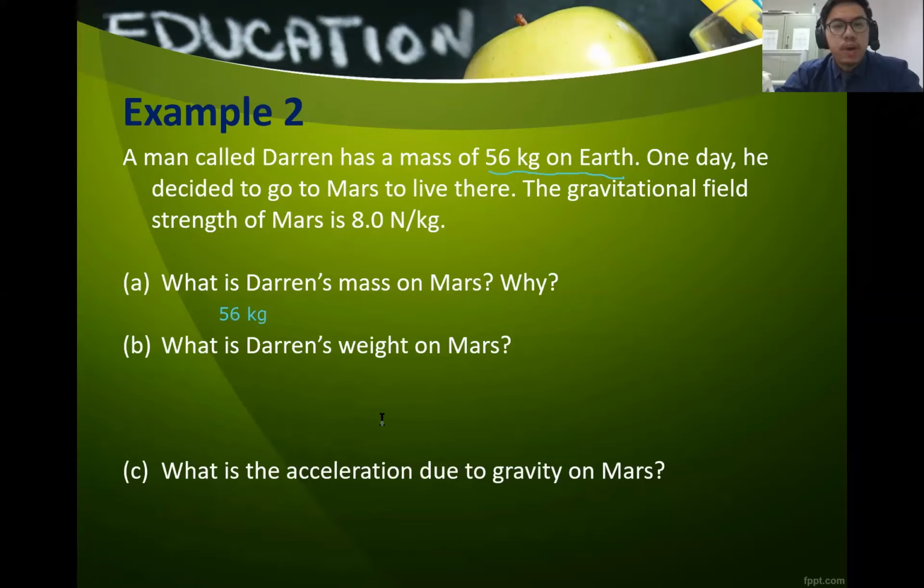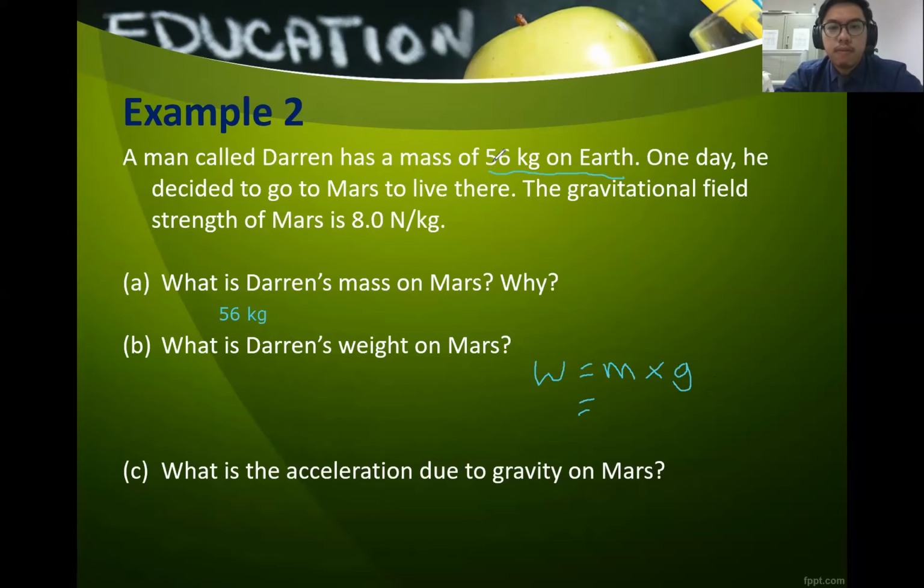What is Darren's weight on Mars? So this one, the weight does change because on Mars, the weight is dependent on the gravitational field strength, or the gravity of the planet. So we have to use this formula, W is equal to mass times gravitational field strength. And what we basically have to do is put down the values there.